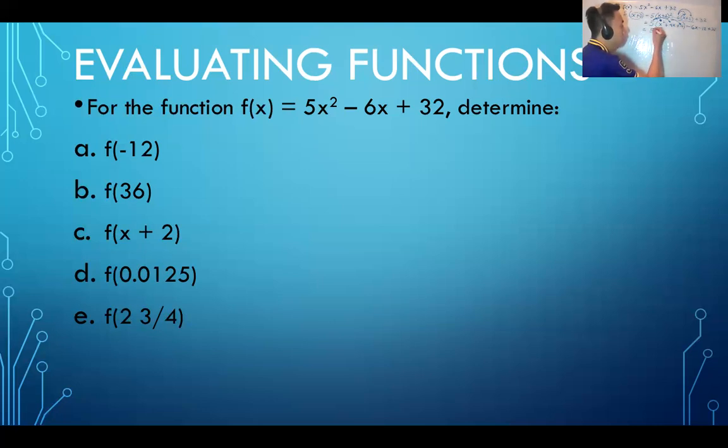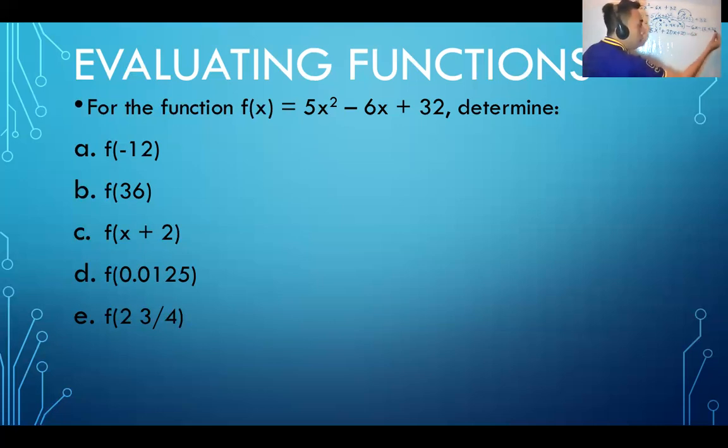So this one is 5x squared plus 5 times 4, 20. And then, just copy this one, minus 6x.